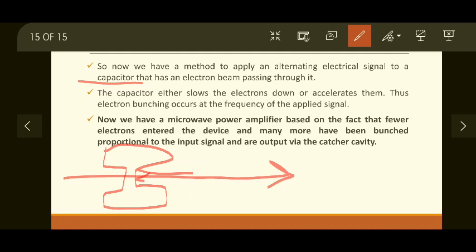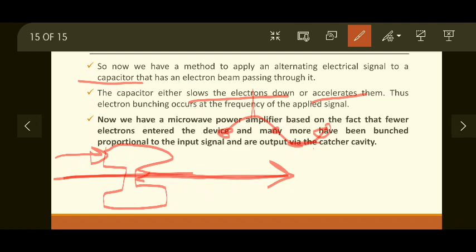The capacitor either slows the electrons down or accelerates them. This electron beam is either slowed down or accelerated because of this input microwave. We have seen mathematically why. Thus electron bunching occurs at the frequency of the applied signal. Whatever the frequency of the applied signal, based on that, electron bunching will occur, because frequency will decide the zeros, maximum and minimum. Okay, that will be decided.